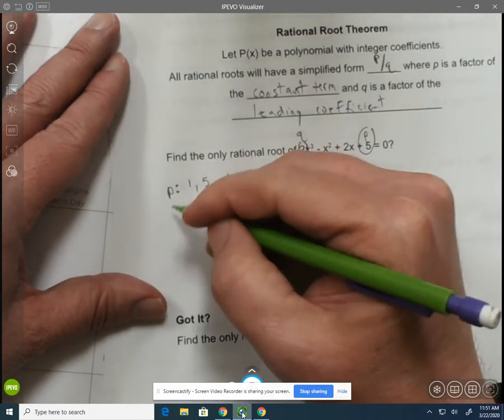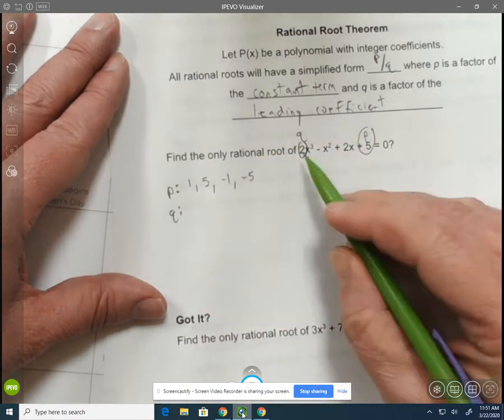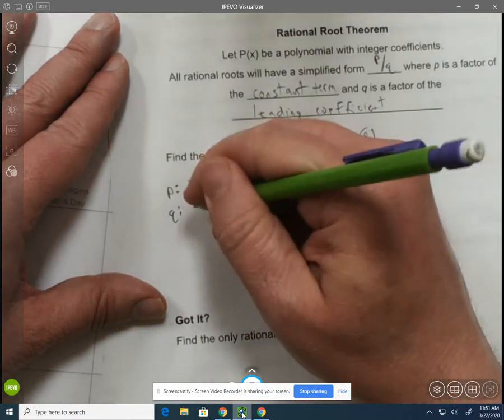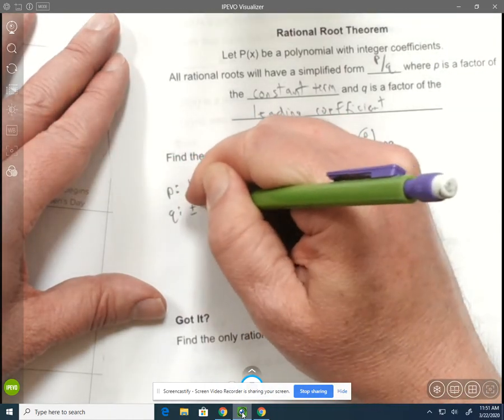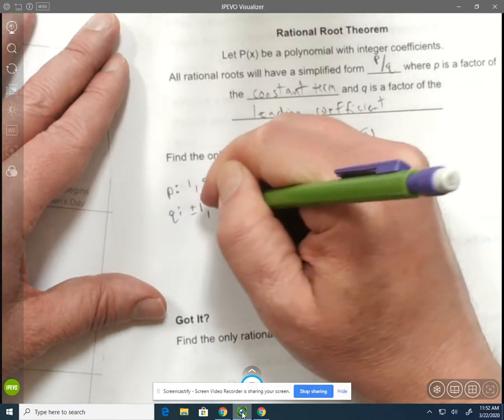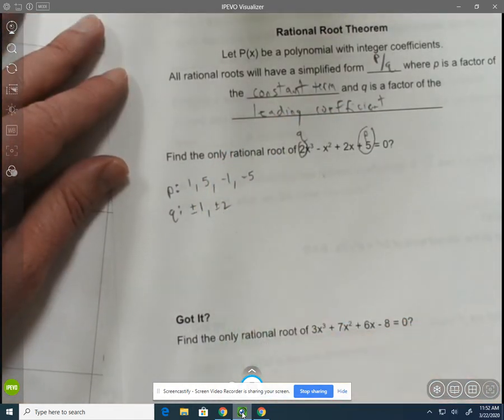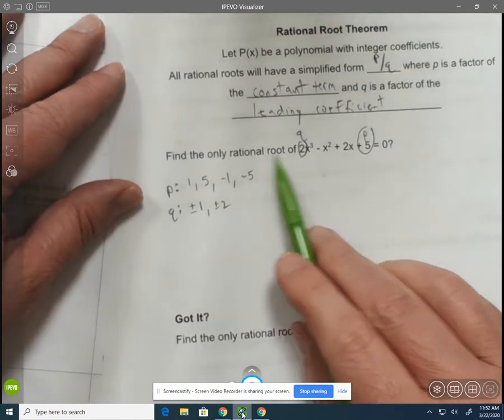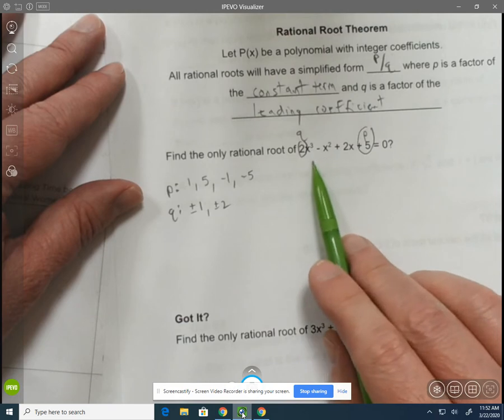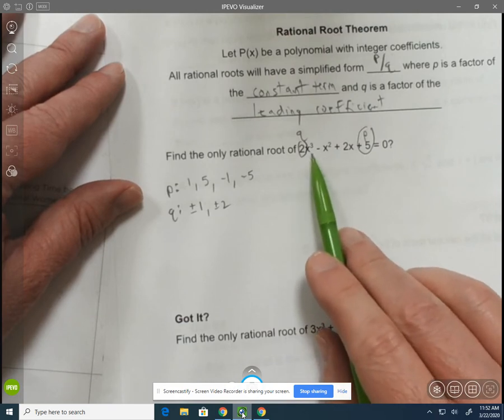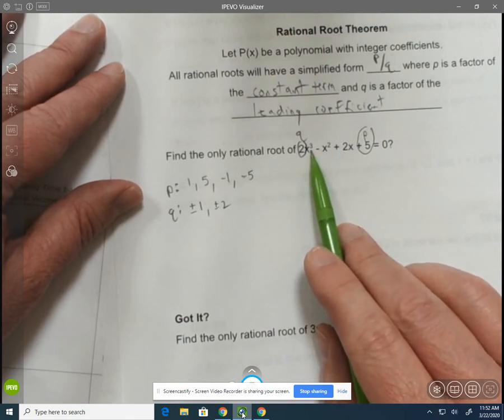The factors of q, well, those are the factors of 2, and there's only 4 of them. Sometimes we write it like this: plus or minus 1 and plus or minus 2, or you can list them out: +1, -1, +2, -2. So what this is saying is the rational root of this thing, the one answer. This thing has 3 different answers, and we'll get to that in a minute.